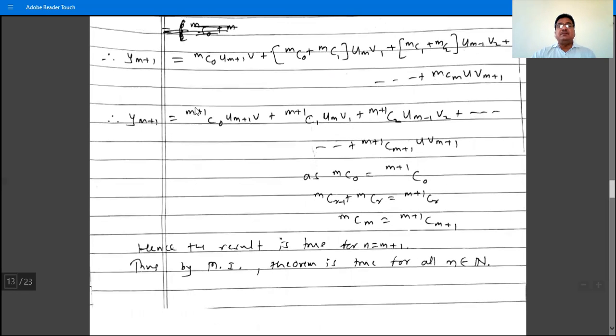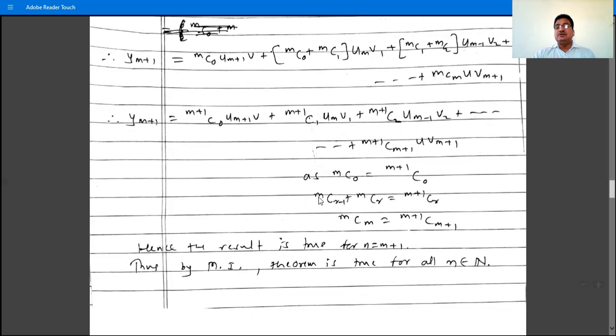Then the next step: y_(m+1) equals. mC0 and (m+1)C0 are both the same, because the value of mC0 is 1 and the value of (m+1)C0 is also 1. Then use the identity mC(r-1) plus mCr is (m+1)Cr. Observe this: mC0 plus mC1 is (m+1)C1, where r is 1 and r-1 is 0, with u_m v1 as it is.